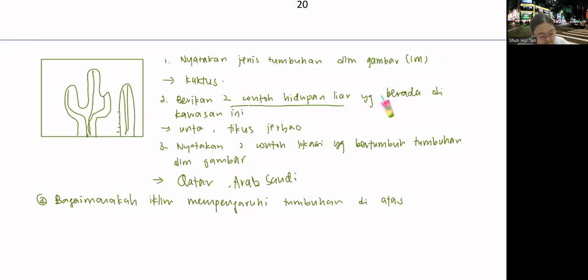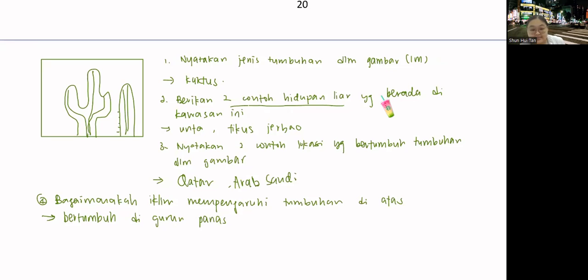Then you must tell me first, what iklim it is. Okay, so you can say tumbuhan di atas bertumbuh, yes, tumbuhan di atas bertumbuh di iklim gurun panas.